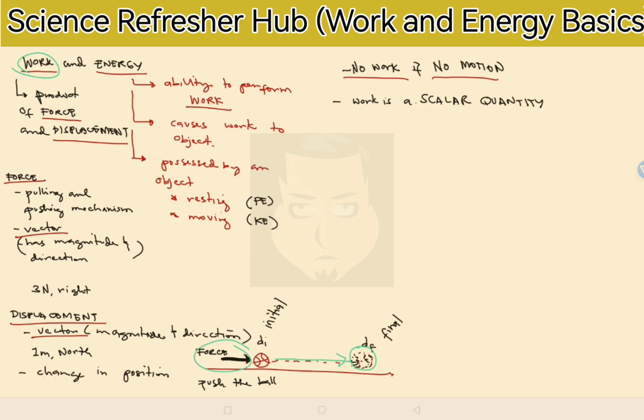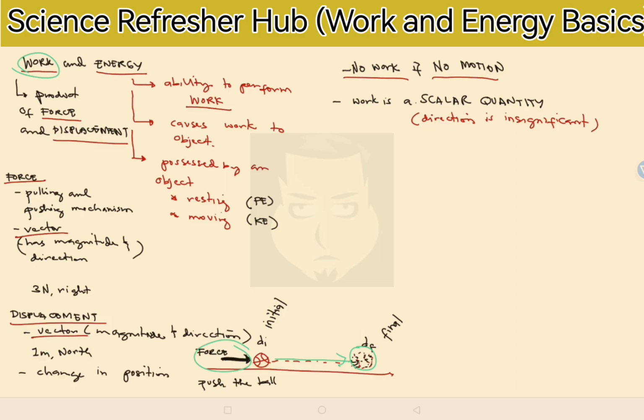But when you multiply it, there's a concept called the dot method, or when we multiply vectors, it will result in a scalar quantity, meaning direction is insignificant. We never consider direction when we are calculating work.